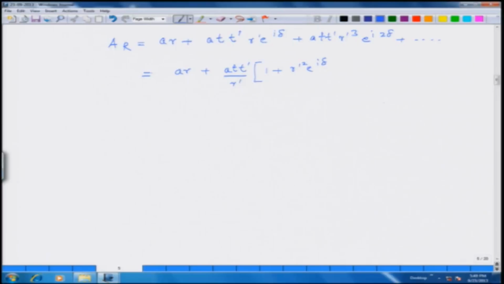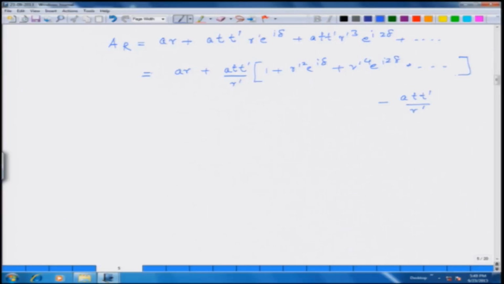So, if I have done 1 here, I should overall subtract a term A t t prime over r prime. So, that takes care of the 1. This becomes r prime square e to the power i delta plus A t t prime r prime to the power 4 i 2 delta and so on so forth.